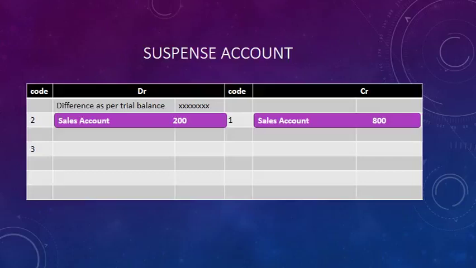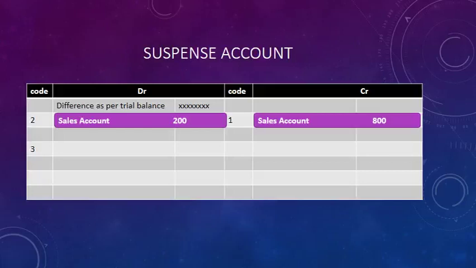So we said debit suspense, credit cash. Why did we do this? Remember, cash had been overstated by $200. We're on the third error, right? Cash had been overstated by $200. So what do we have to do? We have to adjust that $200. So we have to reduce cash by $200. How do we reduce cash by $200? We credit cash with $200 and debit suspense.